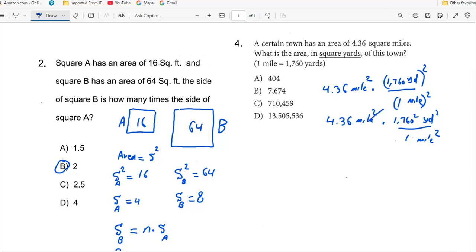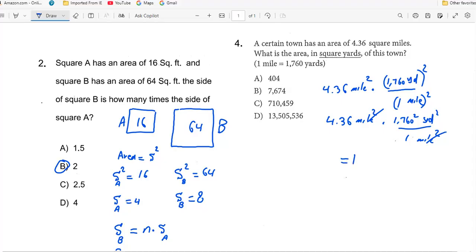So the mile squared cancels with the mile squared, and here you have to use your calculator to find what 4.36 multiplied by 1,760 squared is. That should give you 13,505,536.